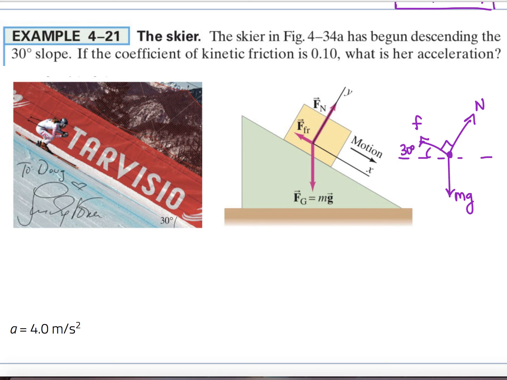So in order to make this easier, I am actually going to take my x and y coordinates and I'm going to kind of do this. I'm going to say, all right, this direction here, where my friction is, is my x direction. And in fact, because I'm going down the slope, I'm going to call this my positive x down the slope. And this direction with my normal force is my y direction. So how does that help?